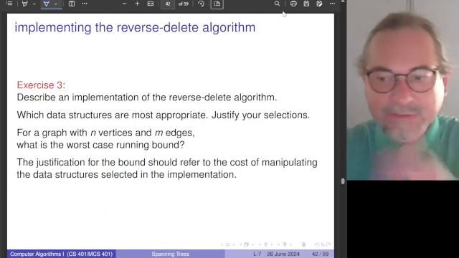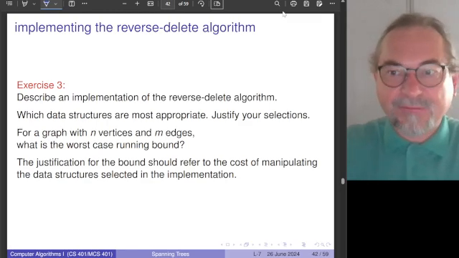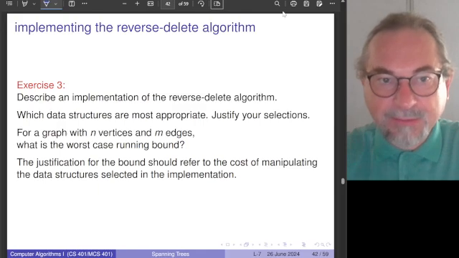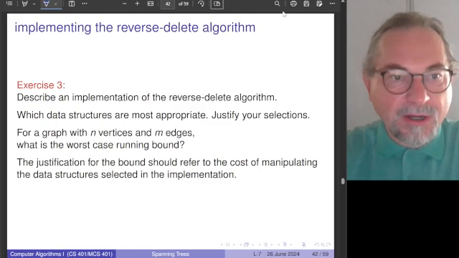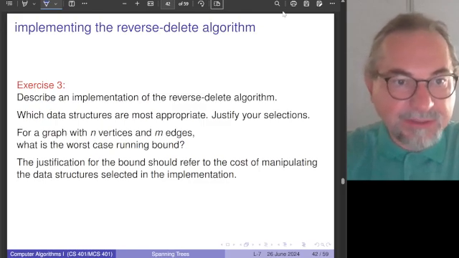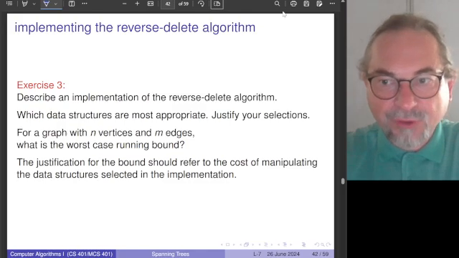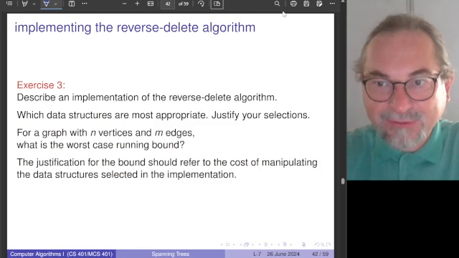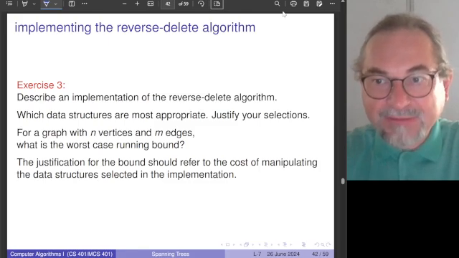One last exercise. In the second half of this pre-recording, we will consider the implementations of Prim and Kruskal. As an exercise, we leave the implementation of the reverse delete algorithm. In some sense, while we were running through our example, it might have seemed that reverse delete was easiest.